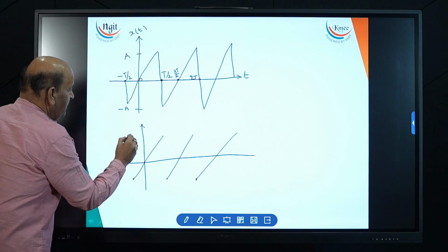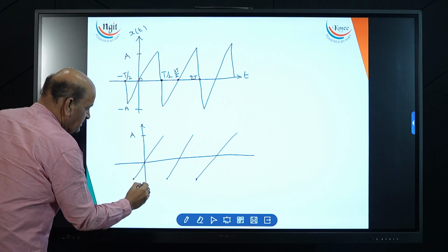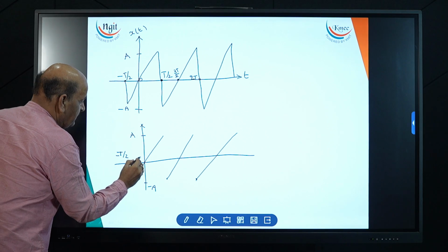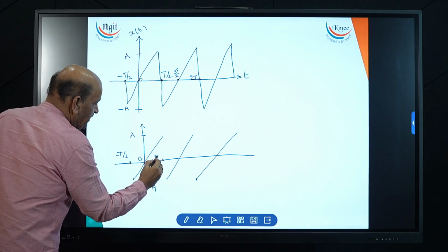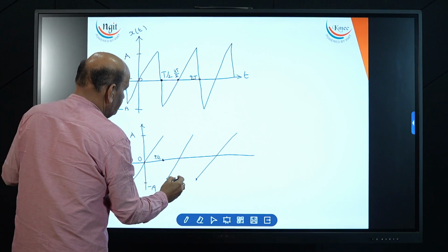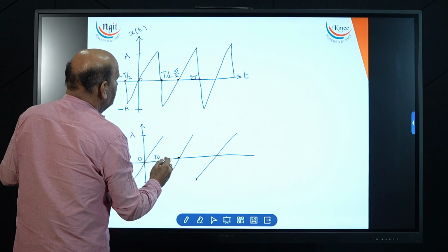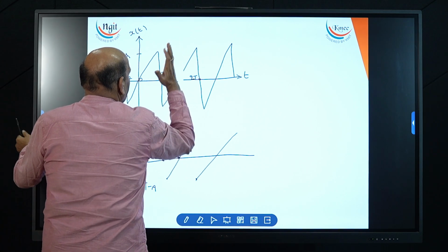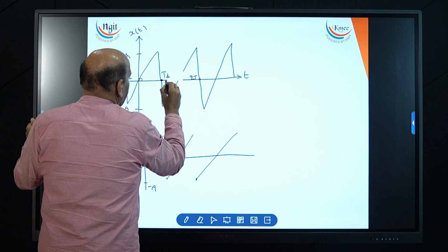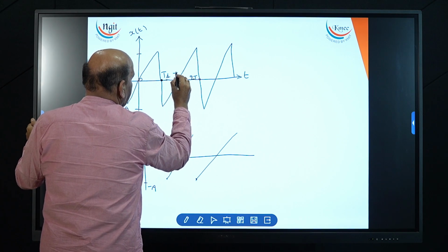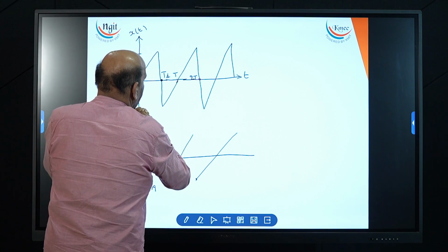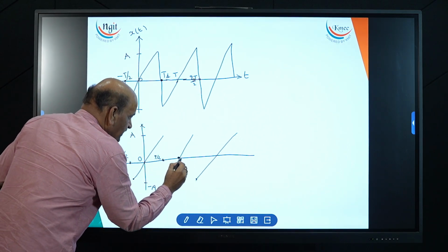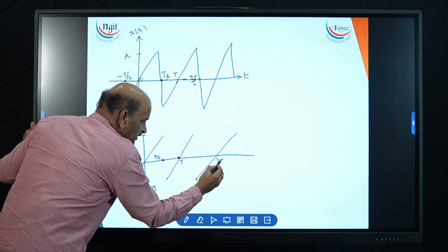Here also amplitude A, here also amplitude minus A. Here the point is minus T by 2, 0, the point T by 2, this is T, this is 3T by 2 like that.